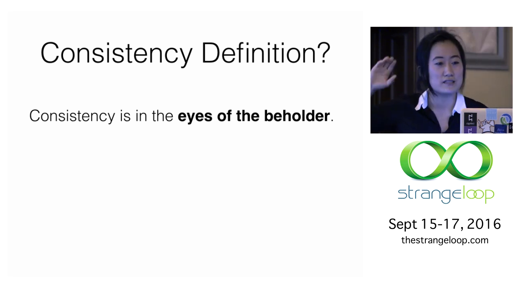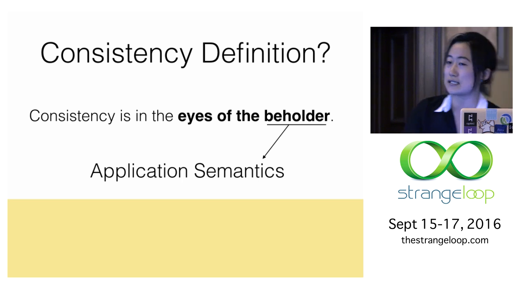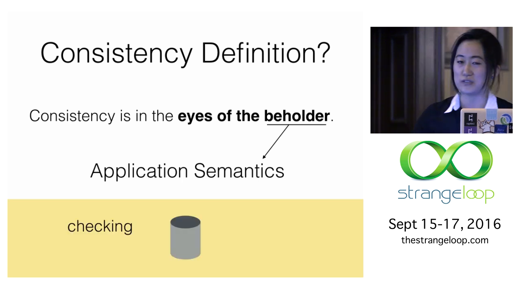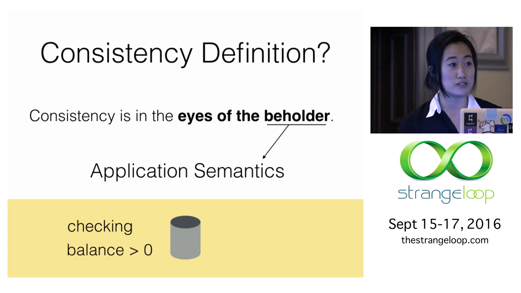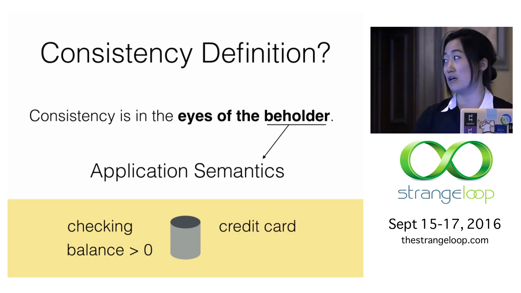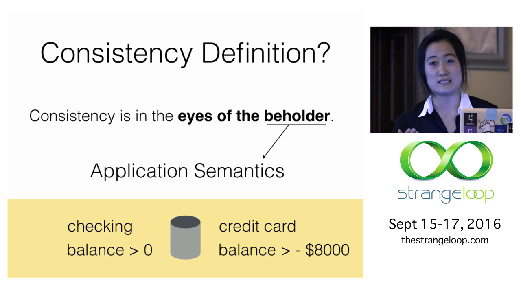The reason is that consistency is dependent on application semantics. Let's take a look at an example in vanilla systems. So you have a database for financial services, and your checking account must have a balance greater than 0, right? If it's below 0, it's inconsistent. And if you have a credit card, you only require the balance to be greater than a certain negative amount. So in that case, if it's slightly negative, it's still consistent.